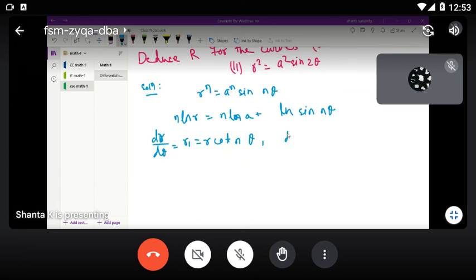And R2 is minus r n cosecant square n theta.